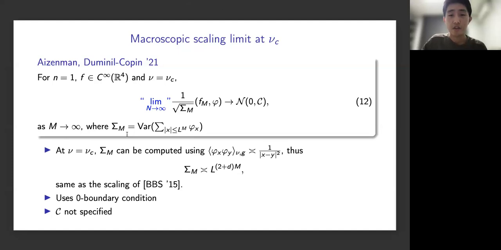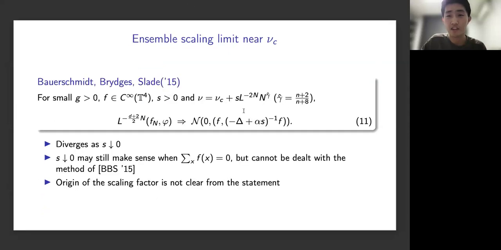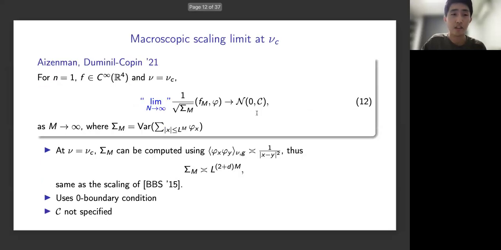However, there is also a confusing point, because they are looking exactly at this critical point and they are using the same scaling factor, yet they obtain a different scaling limit. For the case of Bauerschmidt, Brydges, and Slade, the scaling limit was not defined when s is equal to 0, in other words, nu is exactly equal to nu c. However, Eisenman and Newman-Koppang obtained the Gaussian field as a scaling limit.